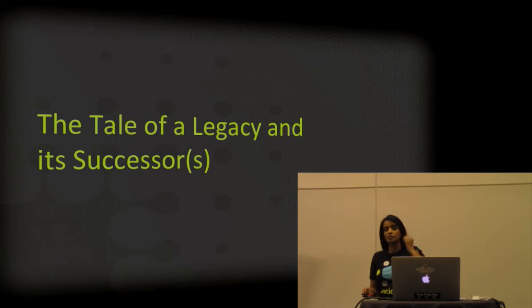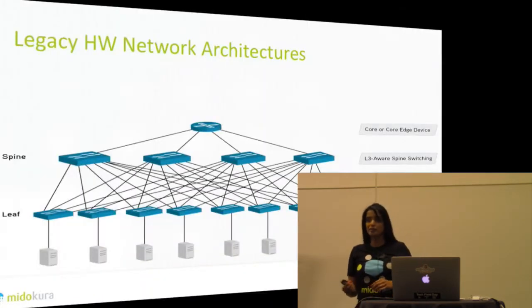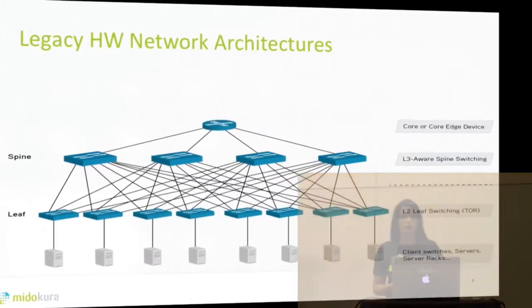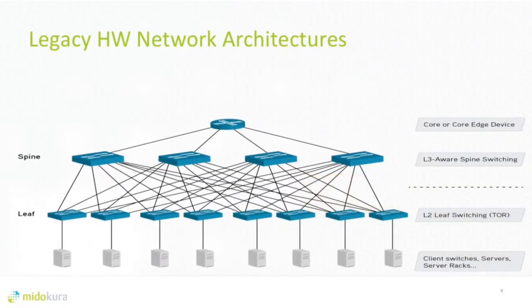All right, so let's talk about the tale of a legacy and its successors, the evolution towards network virtualization. For those who might be familiar, like myself, coming from a hardware networking background, you'll be quite familiar with this type of infrastructure, the three-tier architecture, built with complex hardware networking products, in a pre-virtualization era where north-south traffic flows were more prevalent.